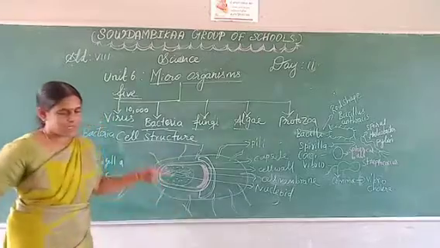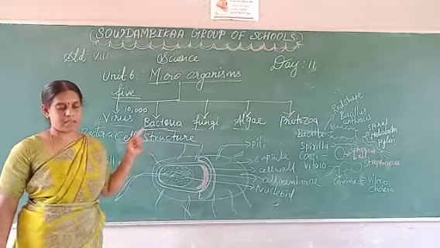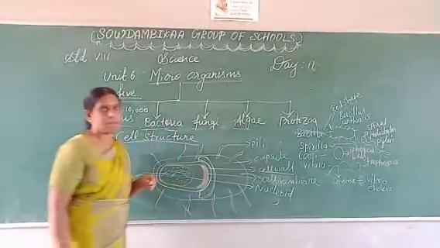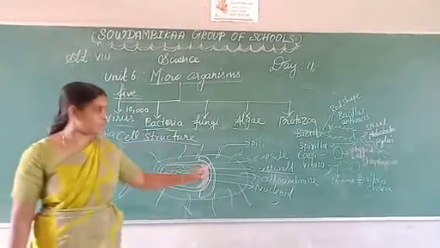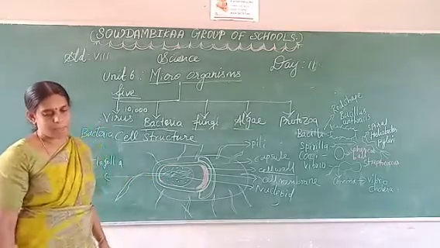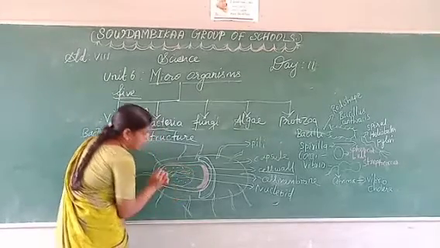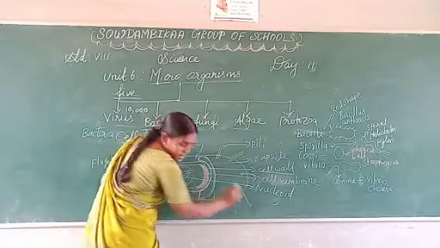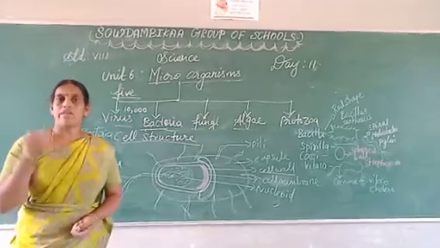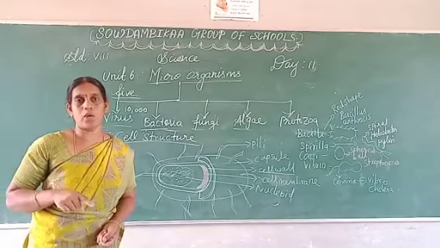Done. Next, the first point: the bacterium has an outer covering that is called the cell wall. The nuclear material is represented by the nucleoid, without a nuclear membrane, because it is a prokaryote.